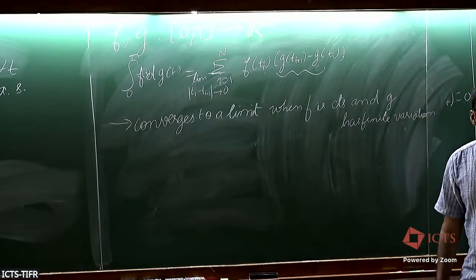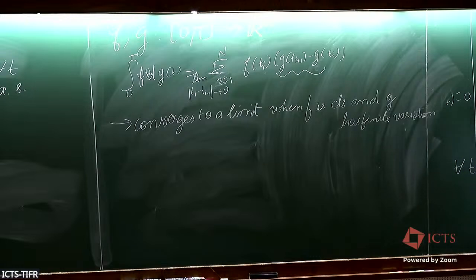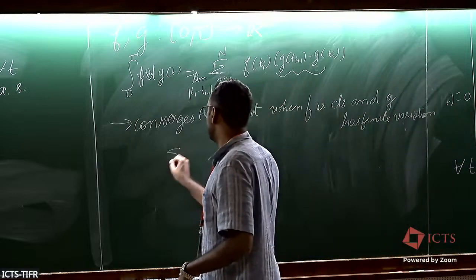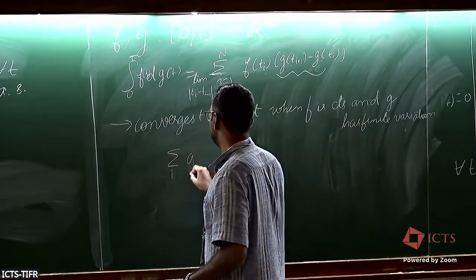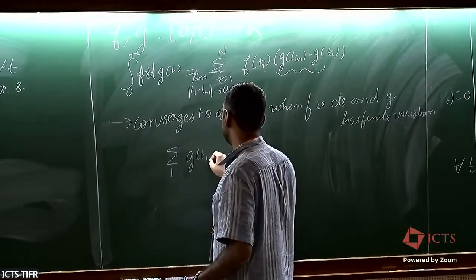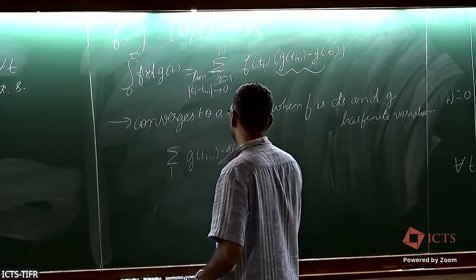Does everyone know what a finite variation function is? Who doesn't know it? I'm happy to explain. Finite variation function, let's think of it as a Lipschitz function. It's supposed to be like the summation over i of |g(t_{i+1}) minus g(t_i)|.